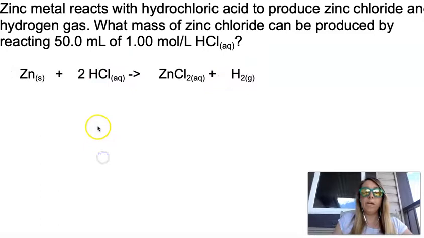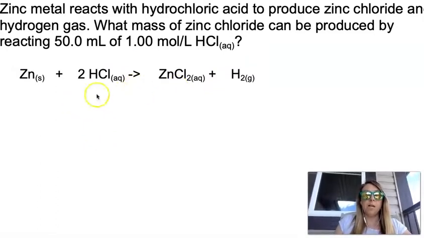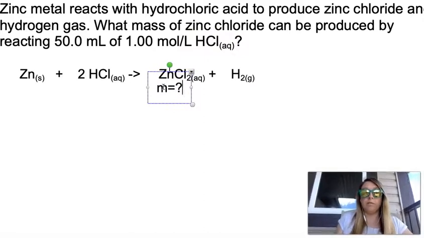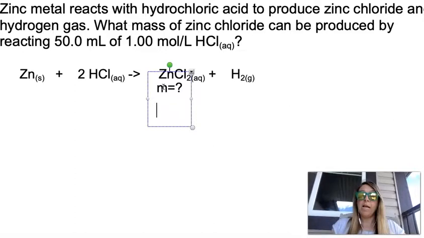Okay, so now that we have our balanced chemical equation, our next step is to determine what it has asked us for. So it's asked us to find the mass of the zinc chloride. Because we are looking for mass, we are going to need a molar mass.